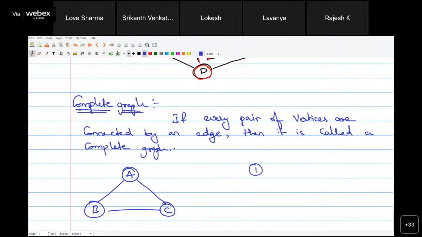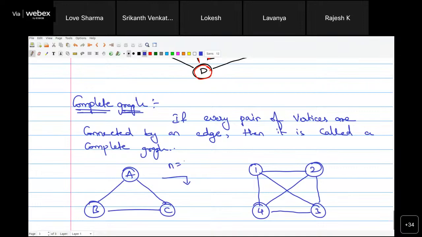Similarly, if I take 4 vertices, 1, 2, 3, 4, every pair needs to be connected by an edge. So 1 and 2 will be connected, 1 and 3, 1 and 4. Similarly, 2 and 4, 2 and 3, 2 and 1. Already 3 is connected with 1 and 2, so you have to connect 3 and 4. So this is a complete graph with 4 vertices. So can you tell me how many edges are there in?